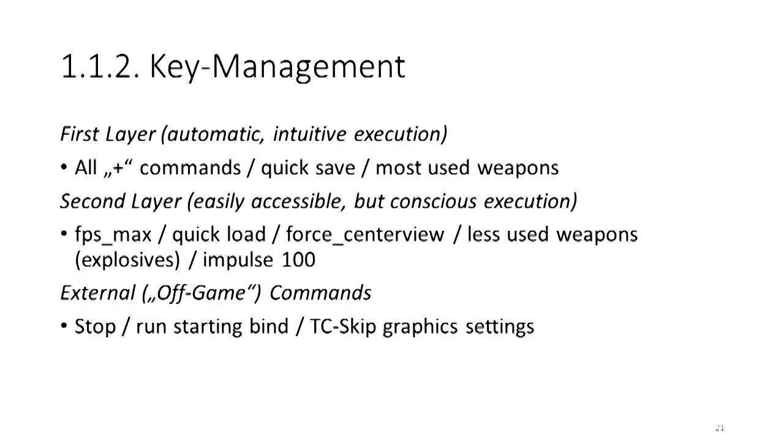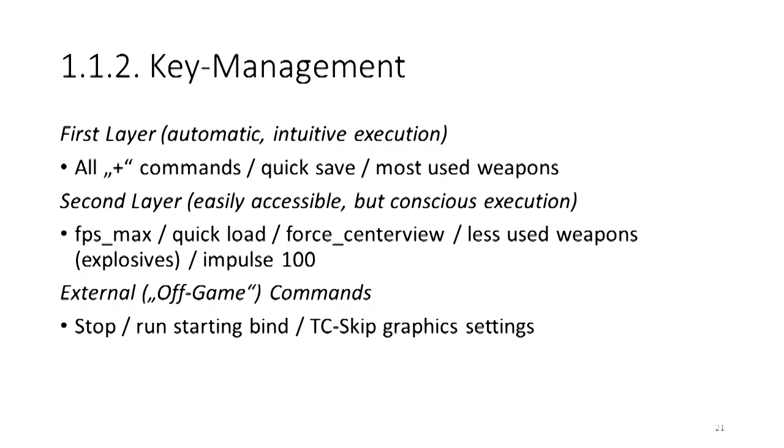The second layer is commands that are easily accessible but can also be consciously executed. So you might just have a look at your keyboard when you need them, for example. This contains the FPS max bindings, which have to be fairly quickly accessible, so they are kind of in the middle between the first and the second layer.